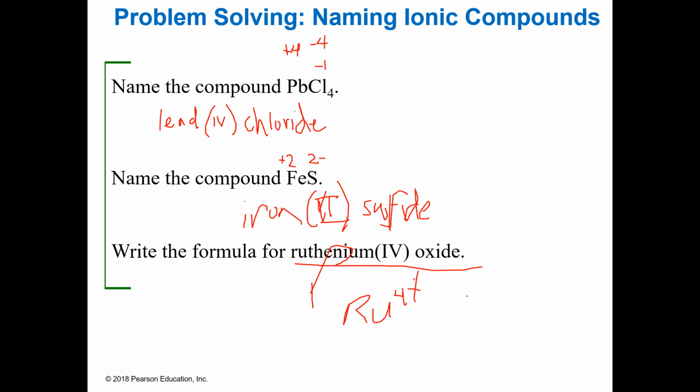Okay, and then I know what oxide is. Oxide is oxygen to the 2 minus. So now I'm going to put these two together. I need 2 oxygens to balance out that 1 metal. So it would be RuO2.